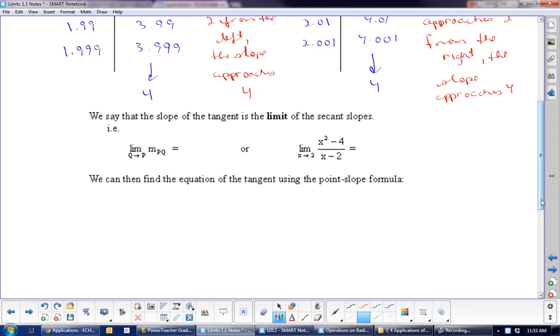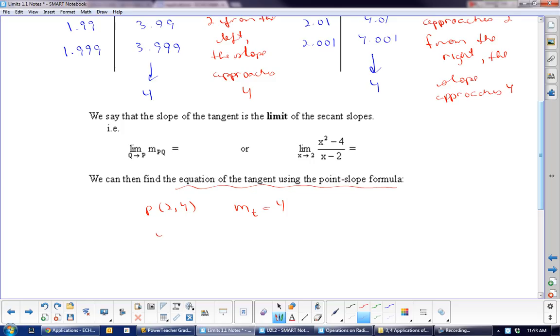Now to find the equation of that tangent line, we know point 2 comma 4. We know that the m of the tangent line is 4, the slope is 4.